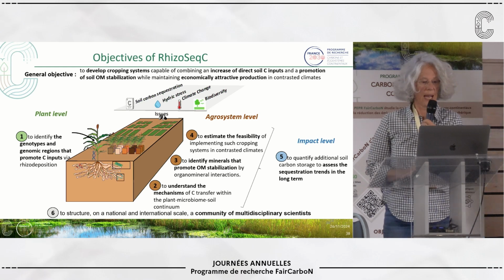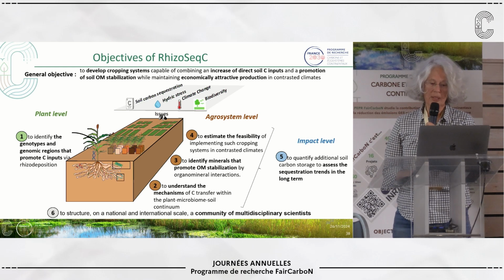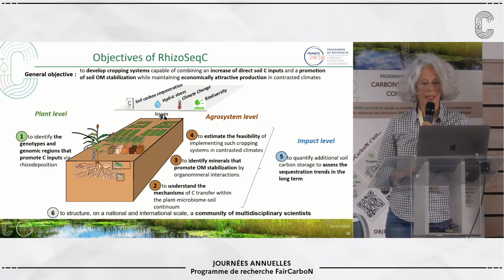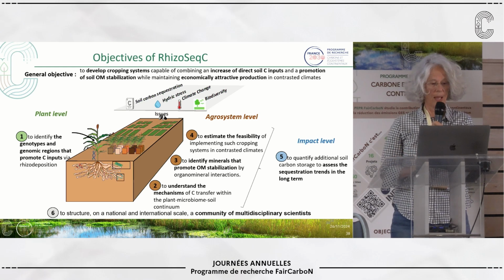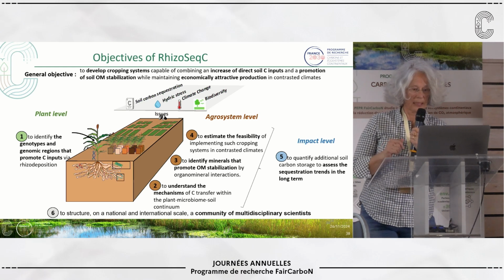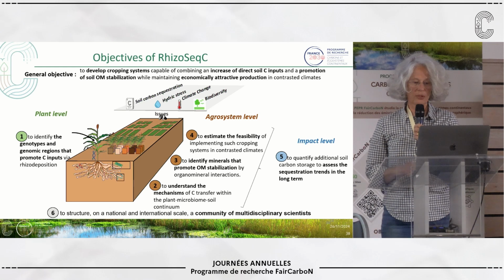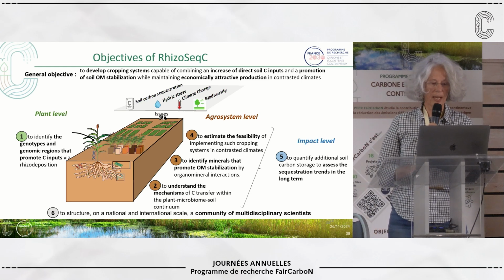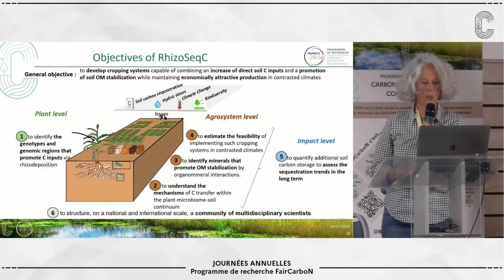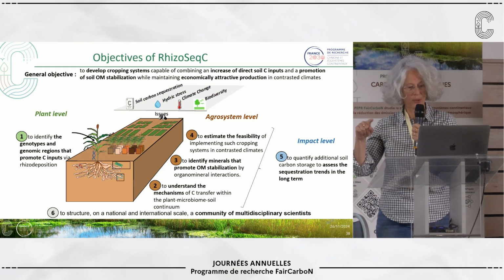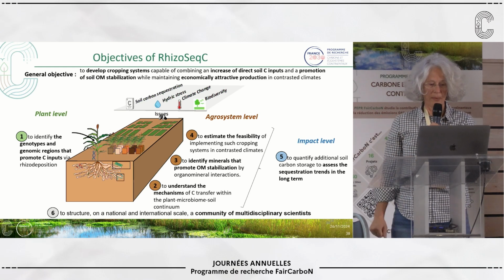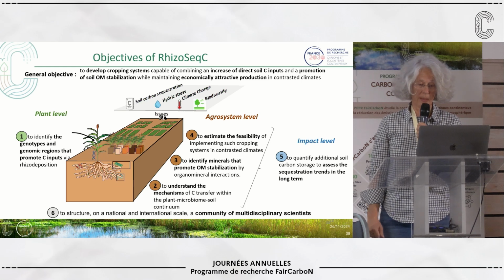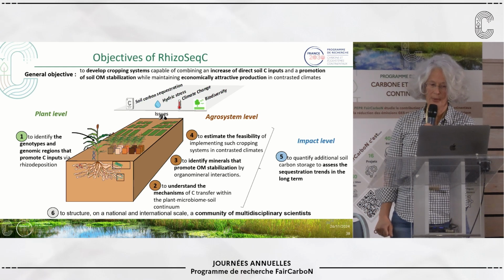The first one, at the plant level, is to identify the genotypes and genomic regions that promote carbon inputs via rhizodeposition. At the agrosystem level, the second objective is to understand the mechanisms and determinants of carbon transfer within the plant-microbiota-soil continuum. The third is to identify minerals that promote organic matter stabilization by organomineral interactions.